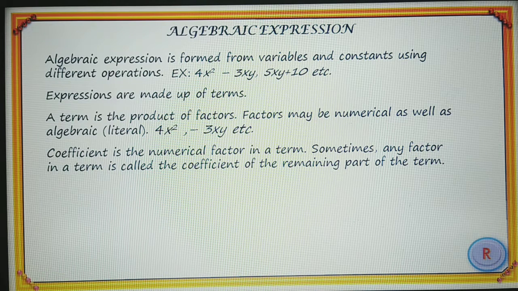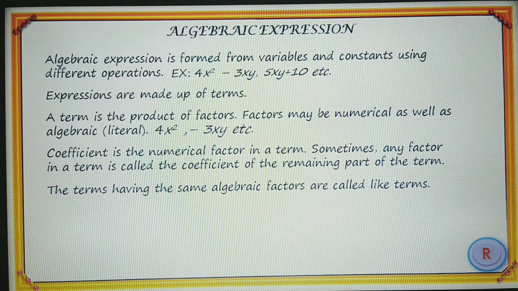Coefficient is the numerical factor in a term. Sometimes any factor in a term is called the coefficient of the remaining part of the term. This is very important. Any factor in a term is called the coefficient of the remaining part of the term.